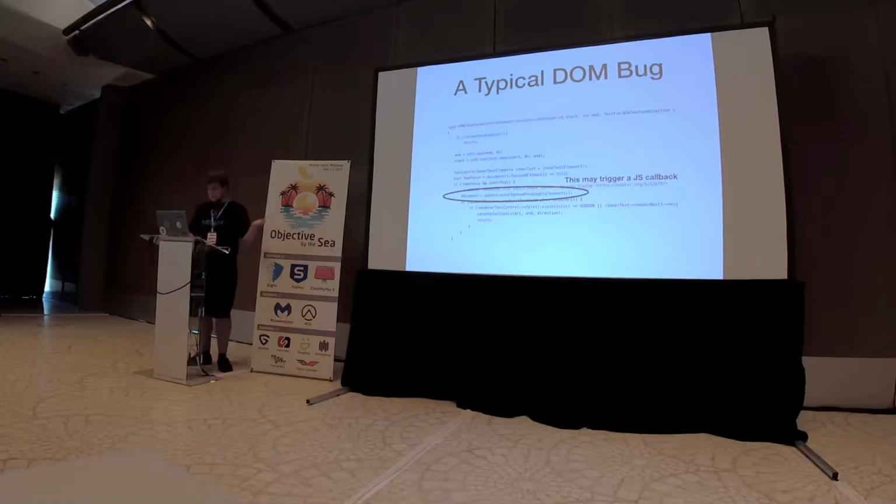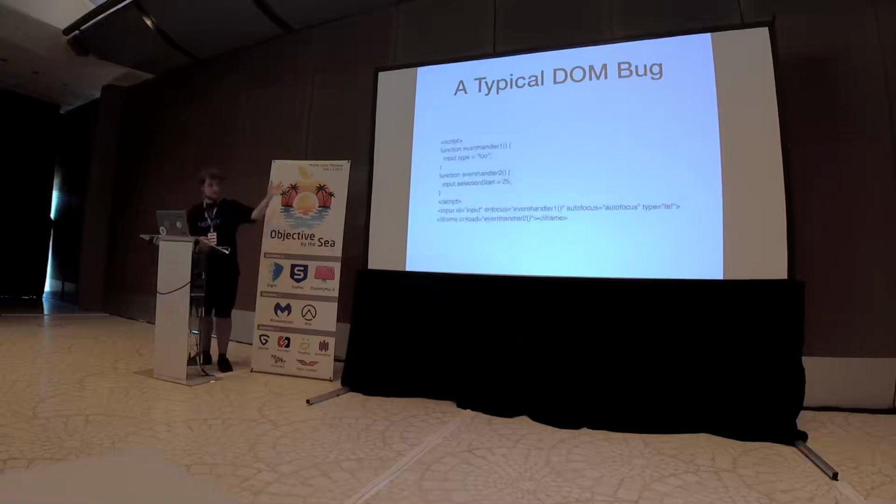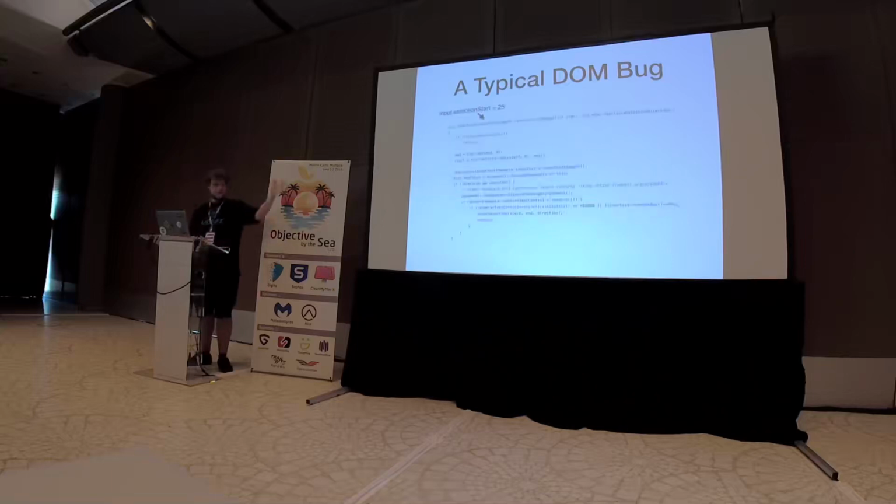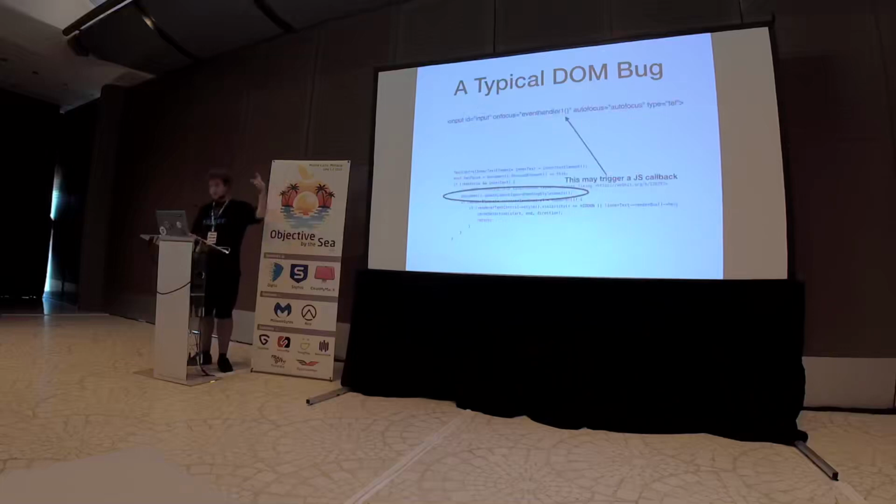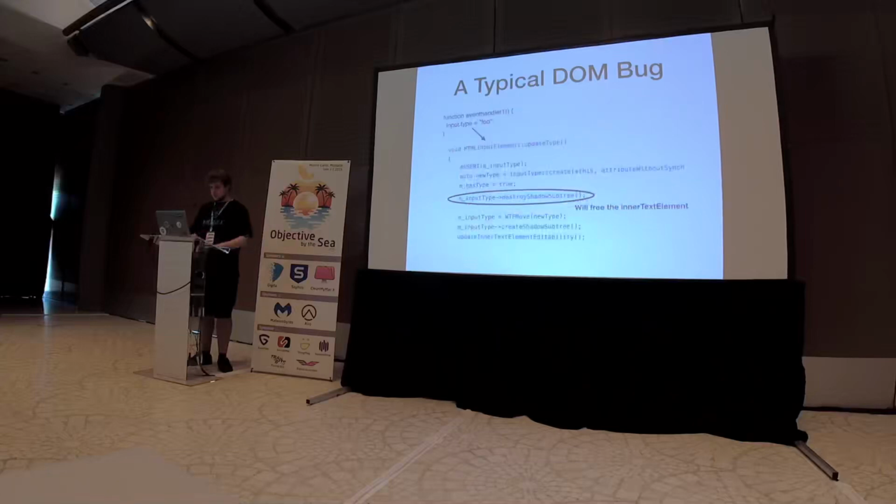And when that happens, if you look at our proof of concept code, we have two event handlers. And one of them, the selectionstart one in event handler 2, actually enters our vulnerable function. And again, this might trigger a JavaScript callback, specifically event handler 1, which will change the type of the object, which will invoke this function, which actually ends up freeing the inner text element object.